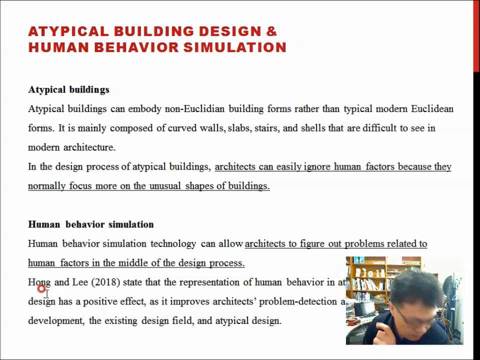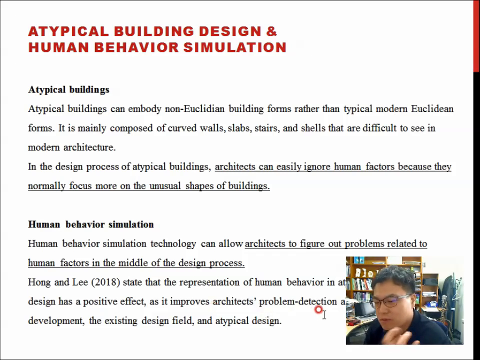Hong and Lee stated that the representation of human behavior in atypical architectural design has a positive impact, as it improves architects' problem detection ability and supports design development in atypical design.